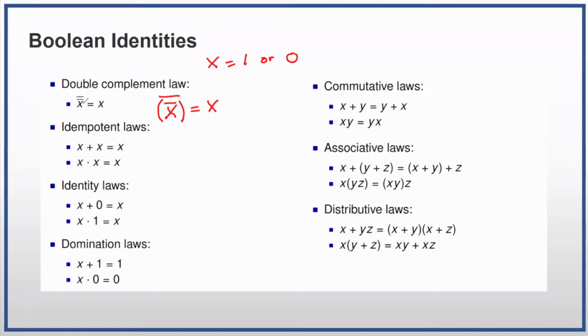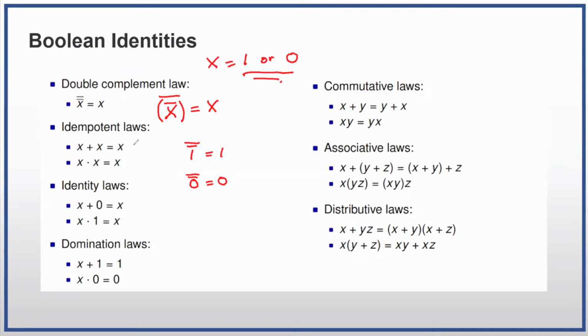So if the input is 1, the complement of 1 is 0, and the complement of that again is 1. If the input is 0, the complement of 0 is 1, and again the complement of 1 is 0. That's why it is mentioned by this x. So it is not just a number, it's a variable, and we can give the inputs as 1 and 0.